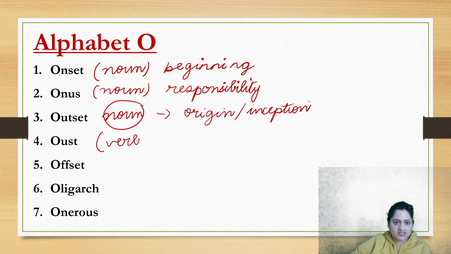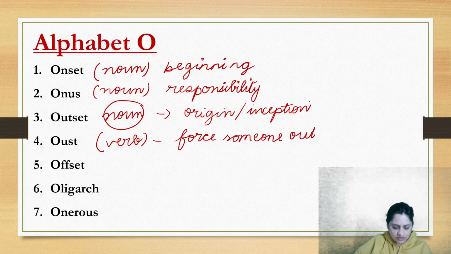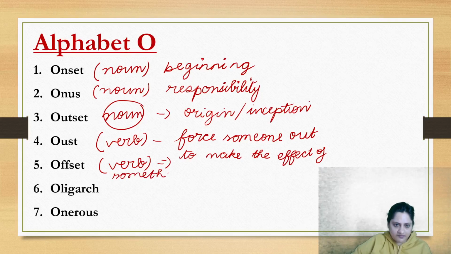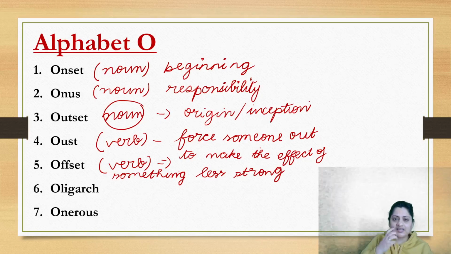Oust means to force someone out from a job, a position or a company. Offset is a verb: to make the effect of something less strong or less noticeable. Basically, to balance one's influence.